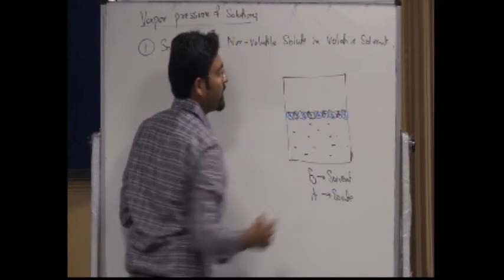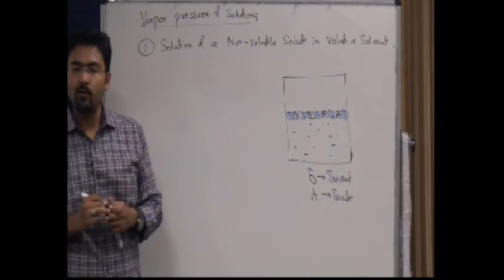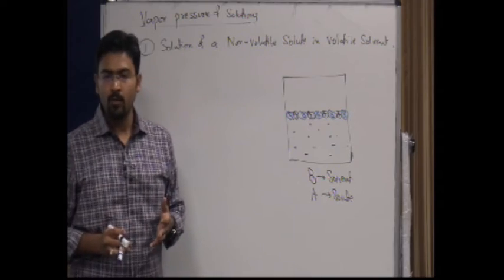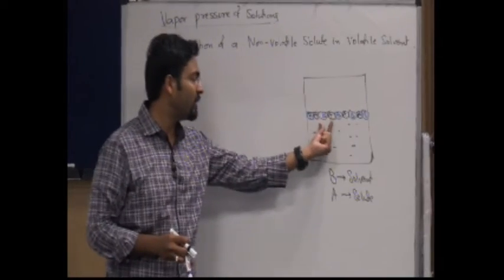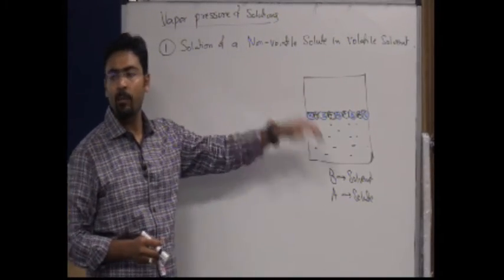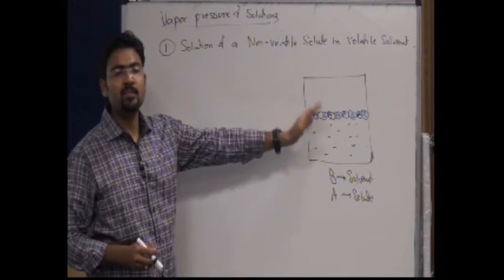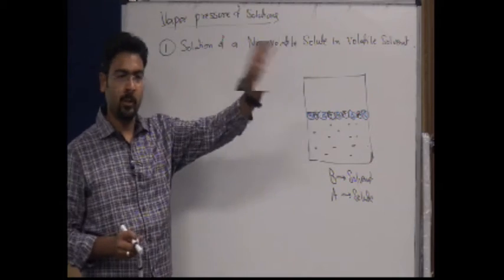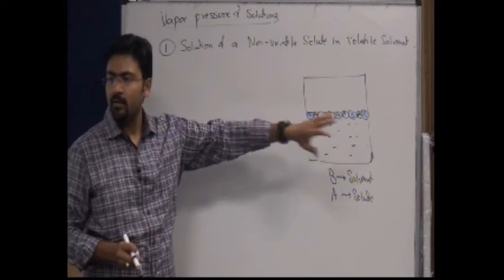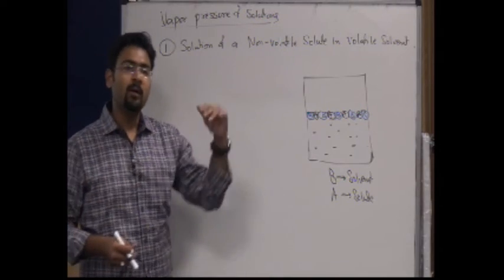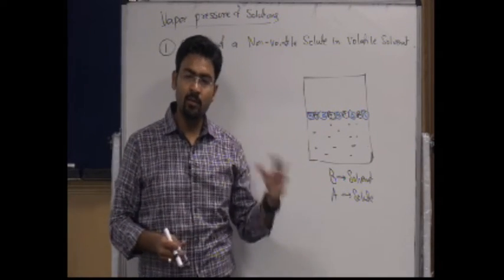So now the question is whether the presence of A will affect the vapor formation of B or not, or in simple words, whether it will be affecting the vapor pressure of B or not. So we want to compare: when this B was pure, this was the vapor pressure. When I've dissolved some amount of A, the vapor pressure has decreased or increased or not changed, right? If it has decreased or increased, it means it has changed.